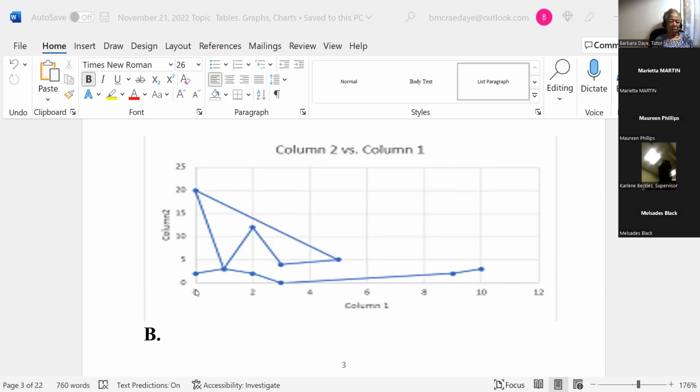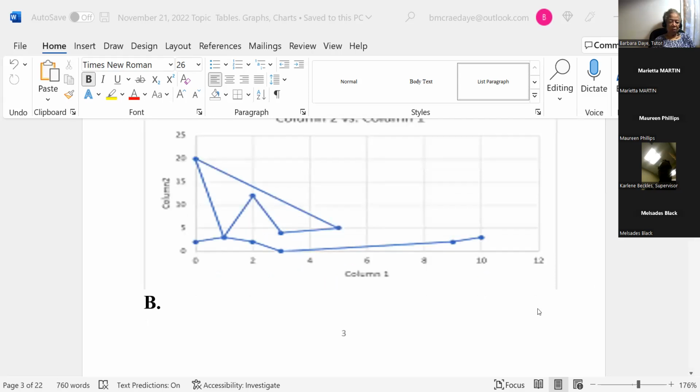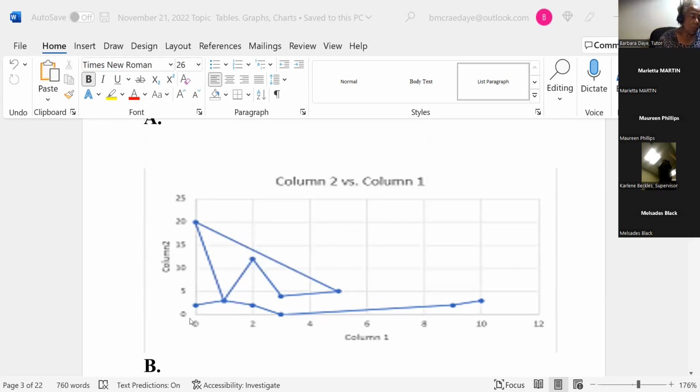Can you see 2, 4, 6, 8, 10, 12? I have to put my eyes close. And on the vertical it is what? 0 to 25, 30, 35.